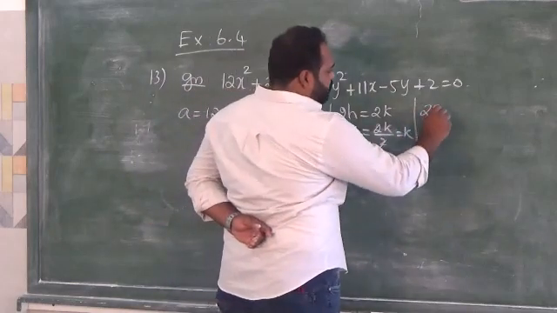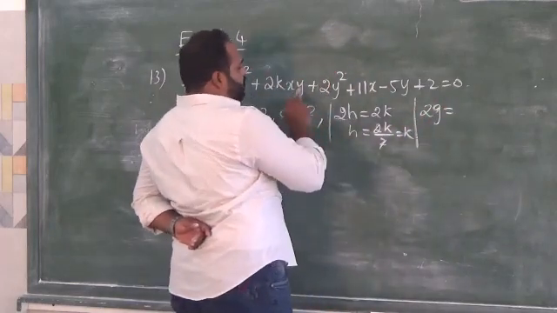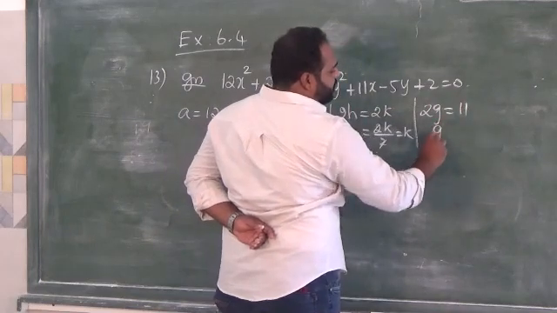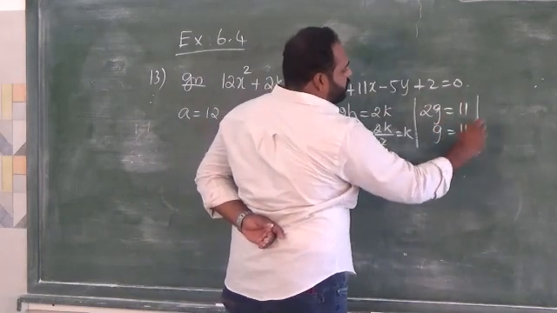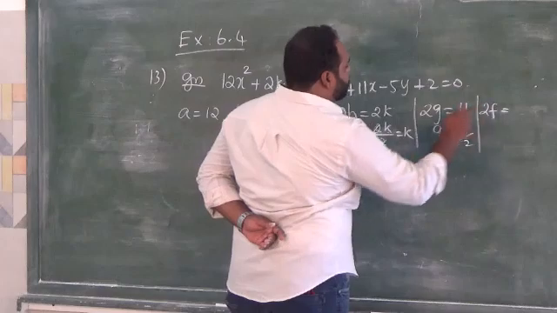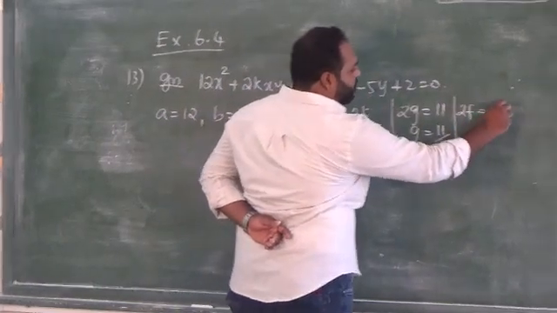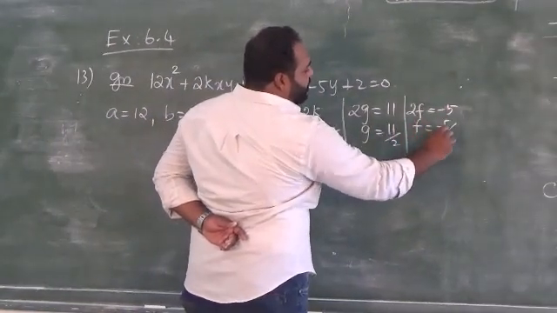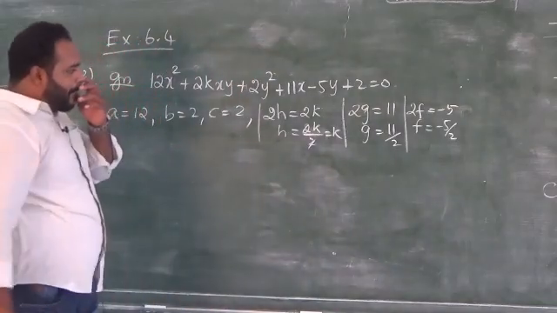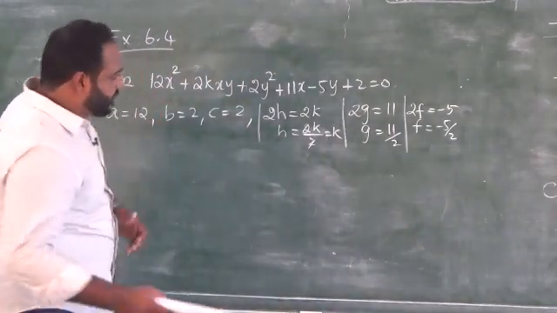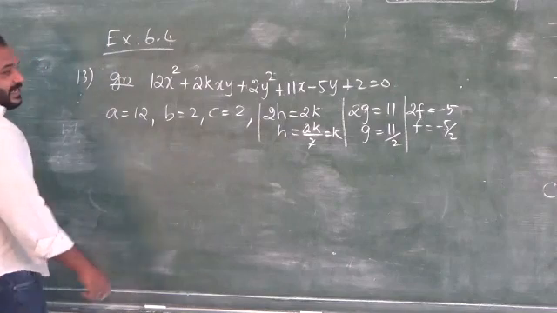Next, 2g is the coefficient of x. It is 11, so g is equal to 11 by 2. Next, 2f is the coefficient of y. It is minus 5, so f is equal to minus 5 by 2. Here I am going to use the condition for a pair of straight lines.